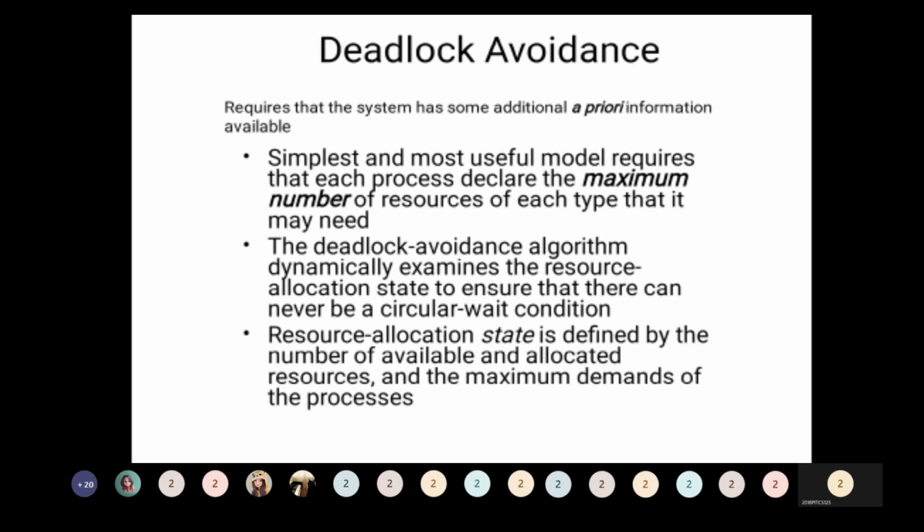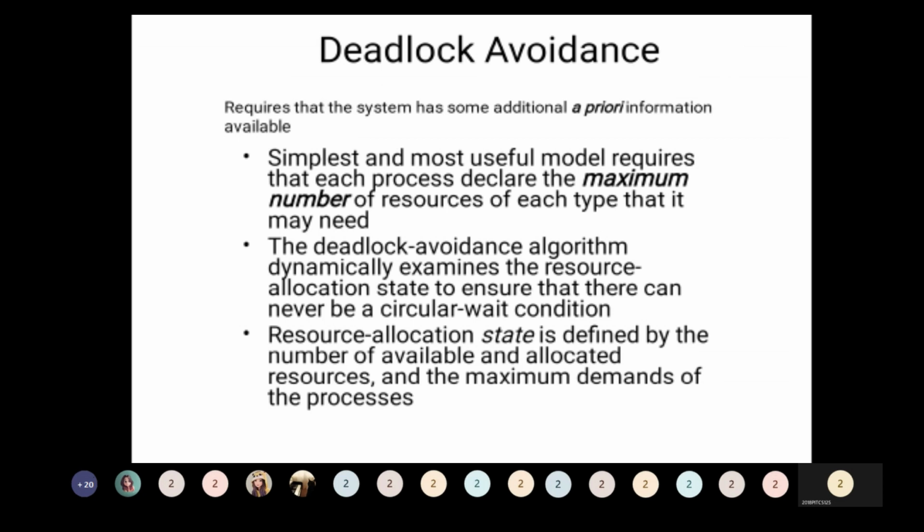The deadlock avoidance algorithm dynamically examines the resource allocation state to ensure that there can never be a circular wait condition. So this avoidance algorithm first knows the maximum number of resources needed. After getting the need, it will check the resource allocation graph to ensure that if the requested resources are allocated, there will not be any circular wait condition.